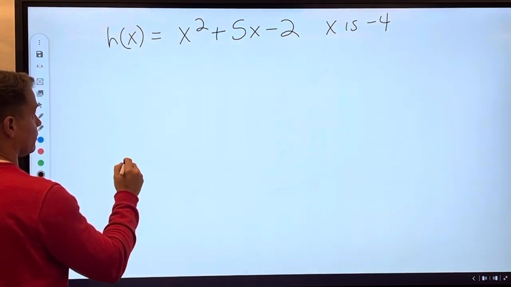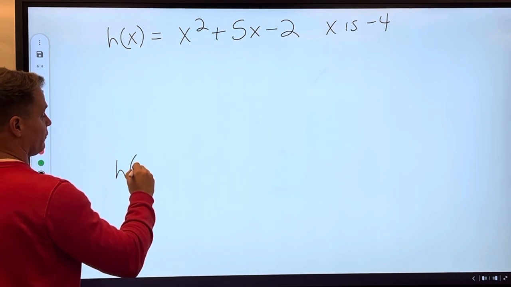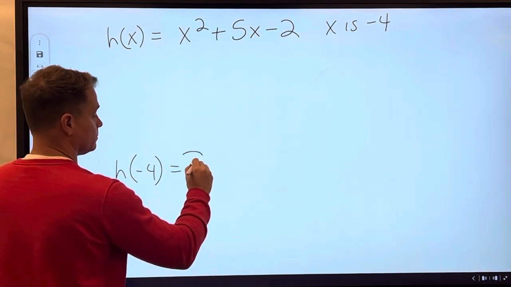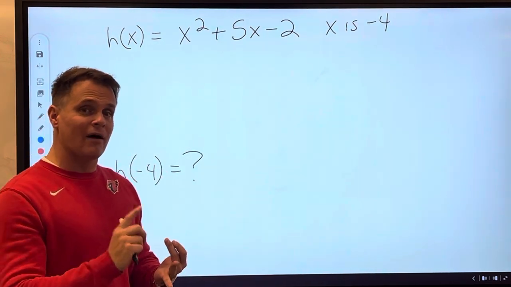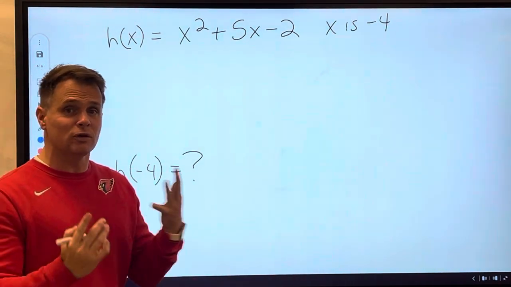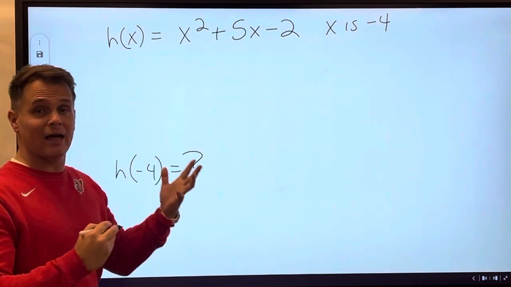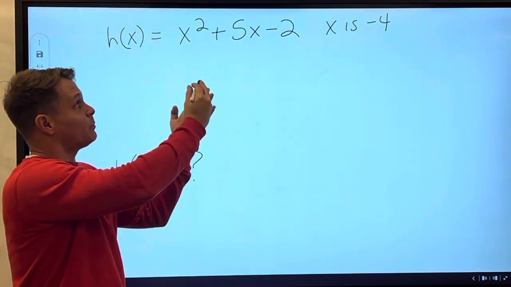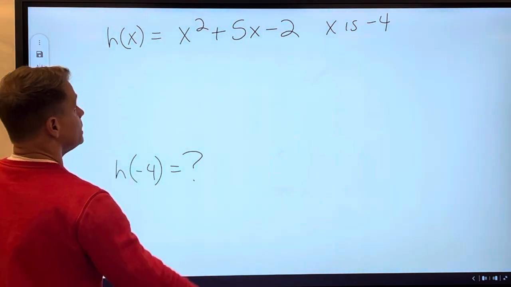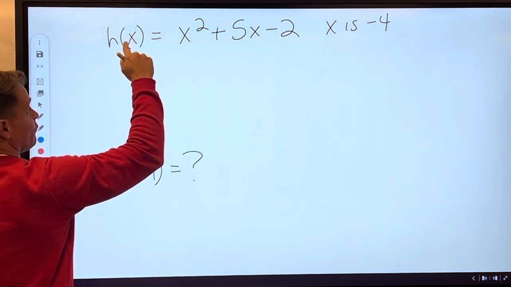So we want to find what h of negative 4 equals. Anytime you have h of x or f of x or g of x, you can replace that with the letter y. It's the same as saying y equals x squared plus 5x minus 2. So I'm going to put the negative 4 in for x right here.